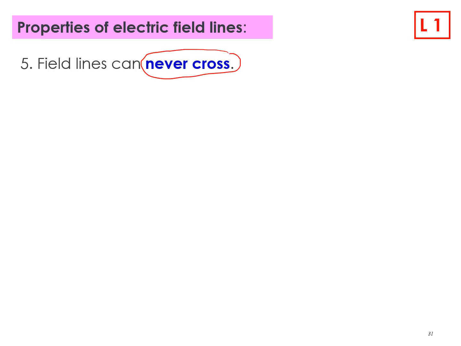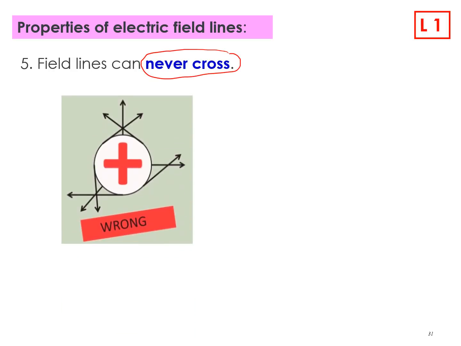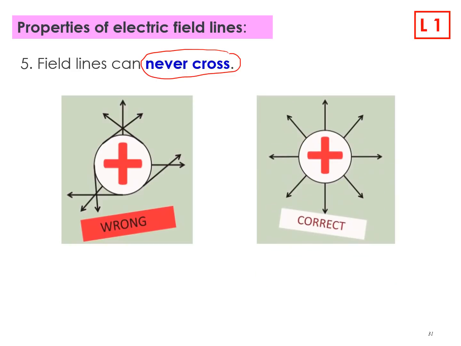Property number 5 for electric field lines is that electric field lines never cross. So what does it mean? This is a positive charge, and you compare between the two pictures.